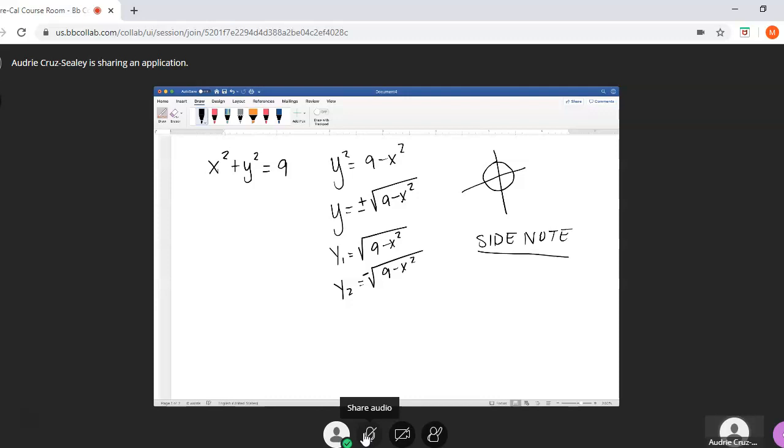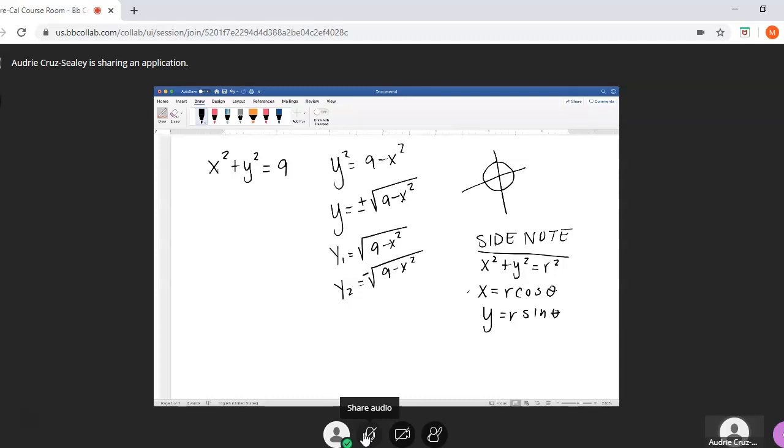The first thing I want to put for the side note is that x squared plus y squared equals r squared. We know that. We also know that x equals r cosine theta, y equals r sine theta. I'm just writing down what is on the pages before. If you go back to page 104, all of these equations are on there. I'm just bringing them to this page so you can easily reference them.